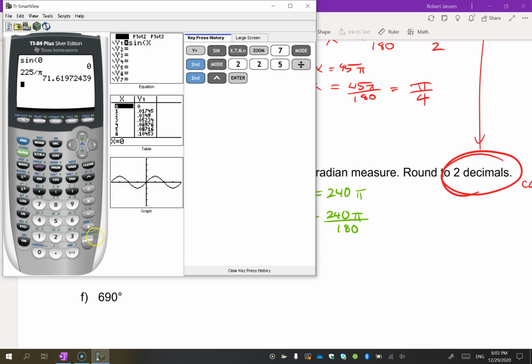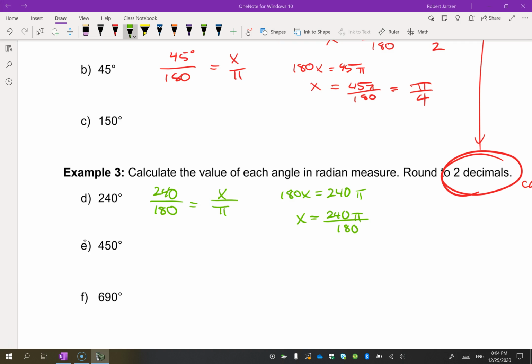So you're going to get 240 times pi divided by 180. Okay, and we'll go 4.19. So x is 4.19.